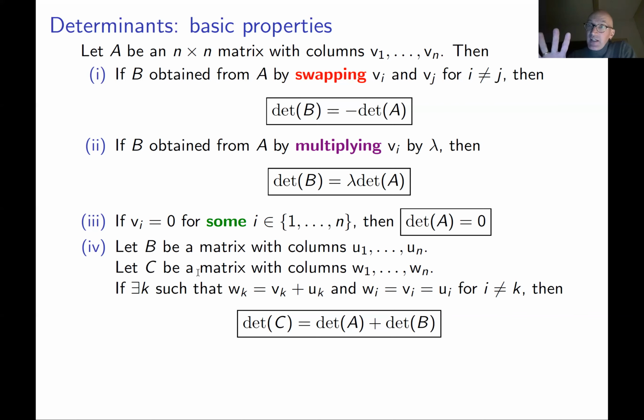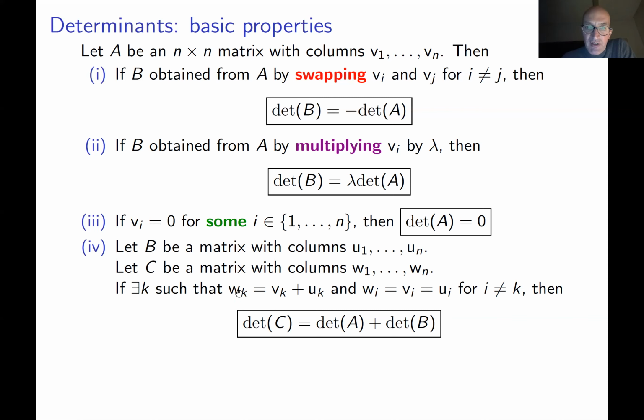So these three matrices have identical columns except one, the column with number k. But the column number k of the matrix C is just the sum of the columns of matrices A and B. So for column number k, we have this equality.